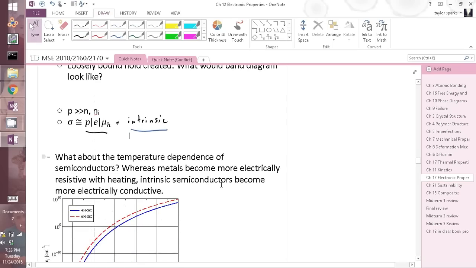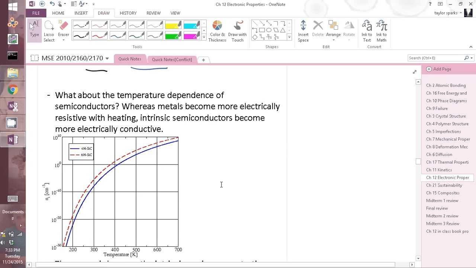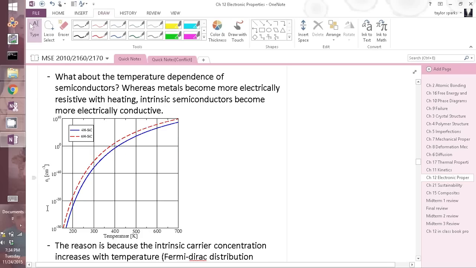So, what should the temperature dependence be for semiconductors? Here's a plot showing the number of carriers, ni, versus temperature. Remember, i represents the intrinsic scenario. So this is the electron concentration that's intrinsically being created just by heating something up. Now this is plotted on a logarithmic scale over here, and this is regular axes here for temperature. You can see that we're seeing a dramatic increase in electrons as we heat this thing up.